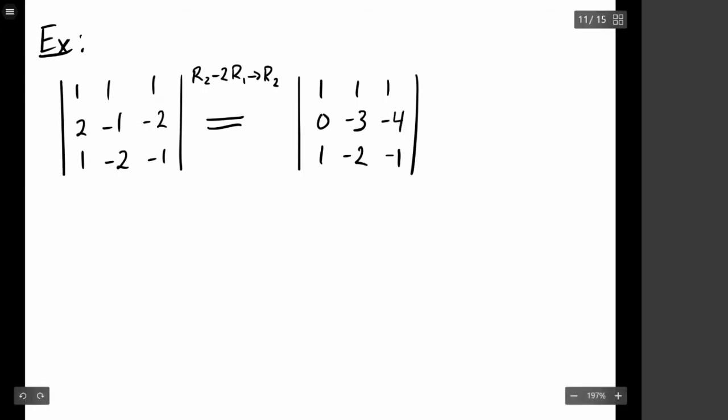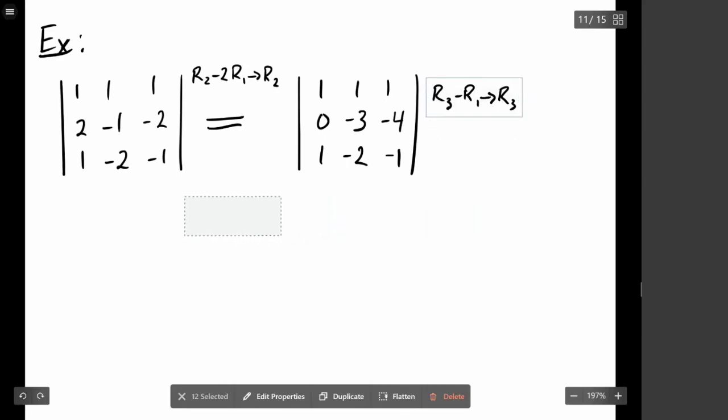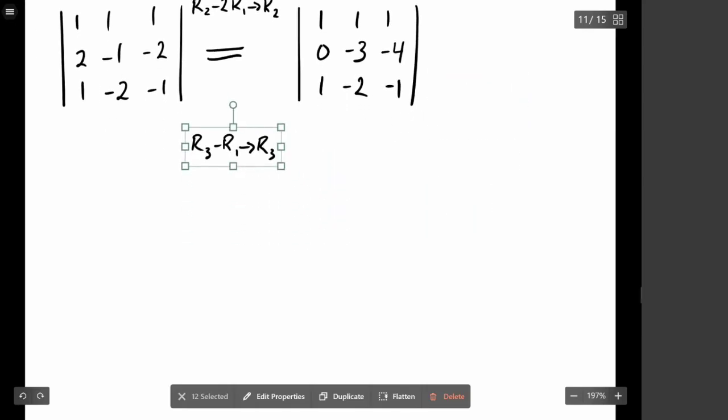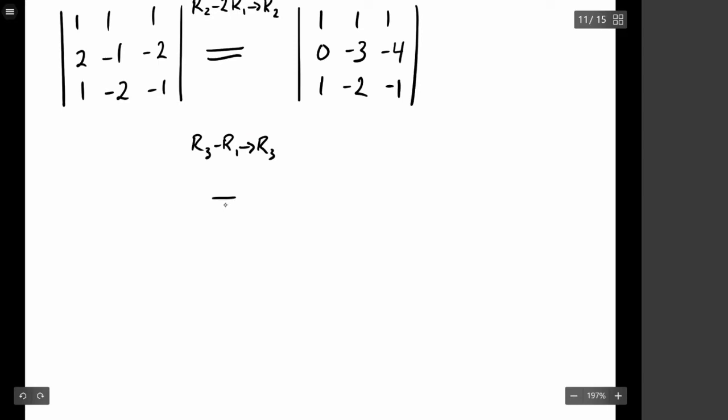Now we're going to do row 3 minus row 1 goes to row 3. Oops, I guess we'll do this on the next line. And again, this combination of rows doesn't change the determinant at all, so we can just do this.